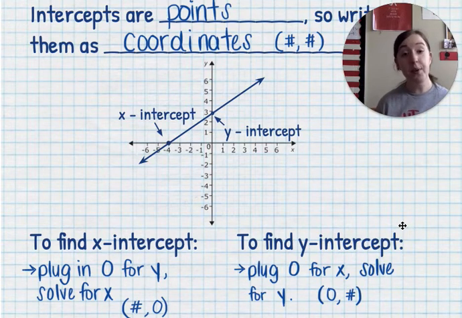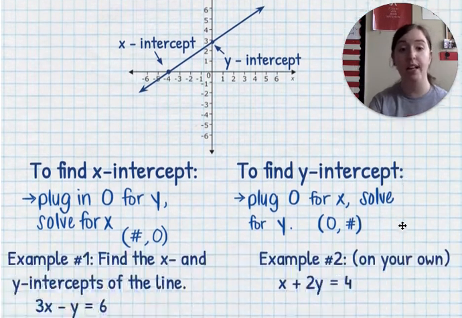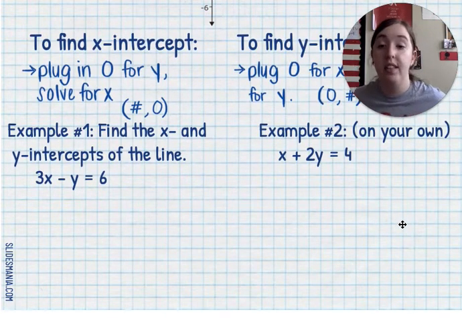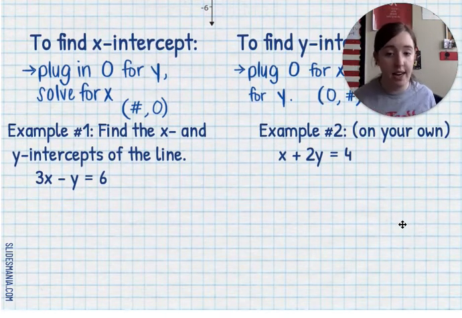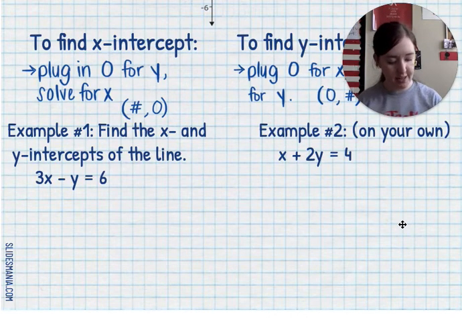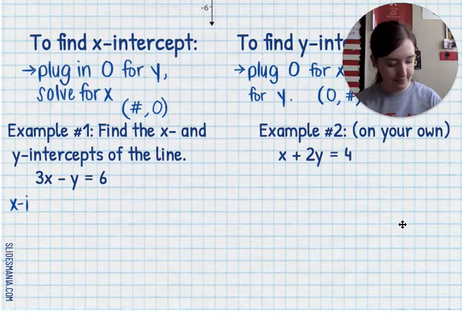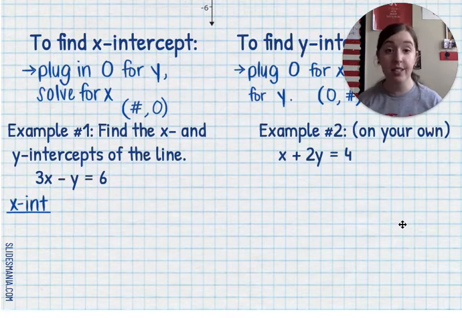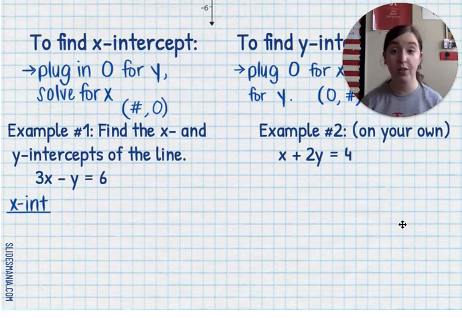So let's go through and actually try to find the x and y intercepts for these guys. So we want to find the x and y intercepts of the line 3x minus y equals 6. So first, let's find the x-intercept. To find the x-intercept, I know I need to plug in 0 for y.